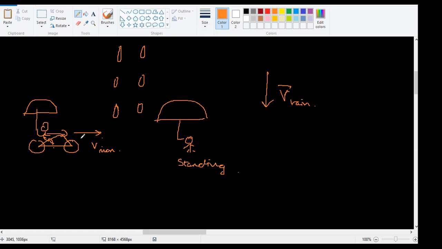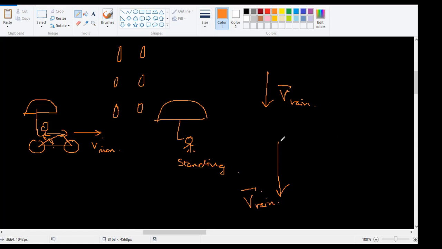Suppose I draw the vector diagram between the velocity of the man and the velocity of the rain. Very important, so take it down properly. Pay attention. Velocity of the rain is shown like this, and velocity of the man is shown like this.